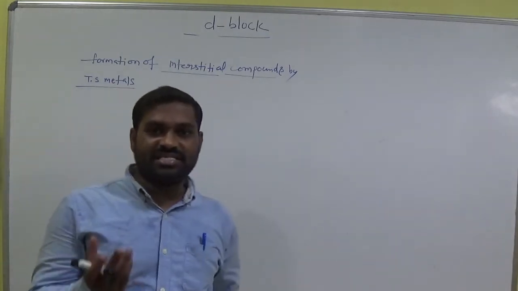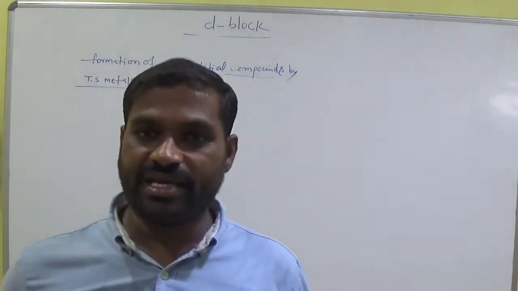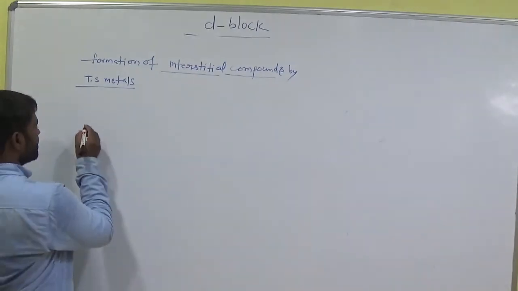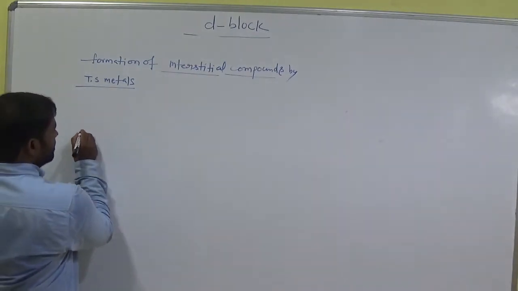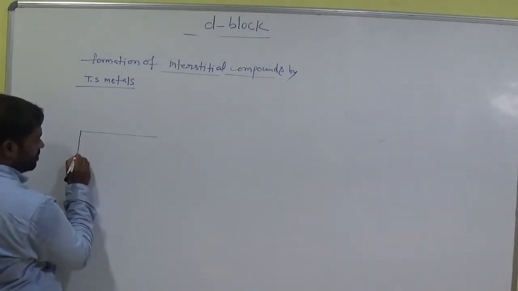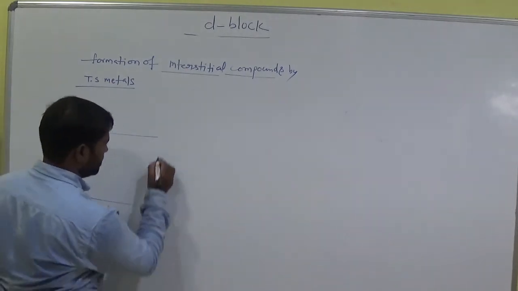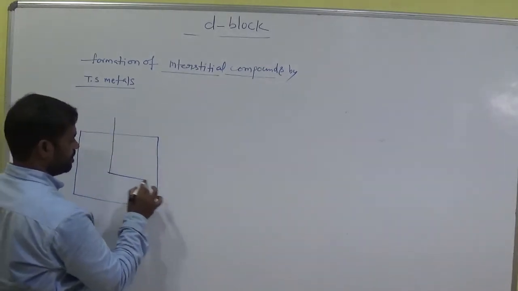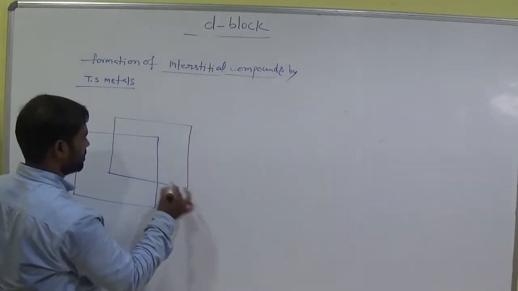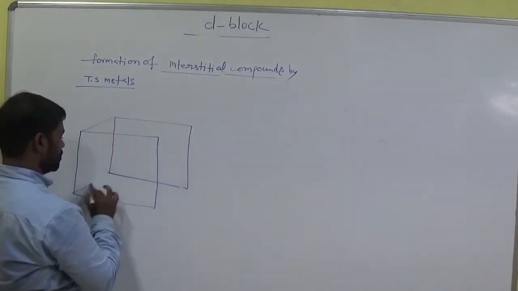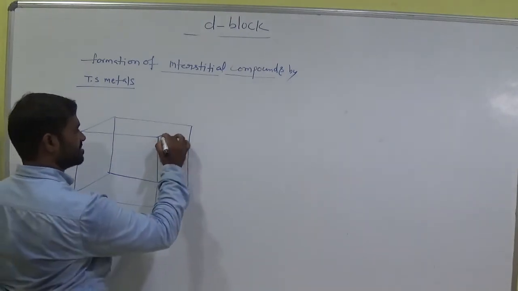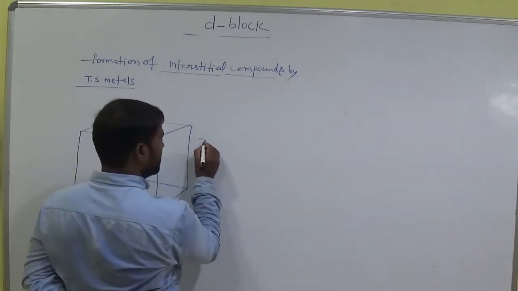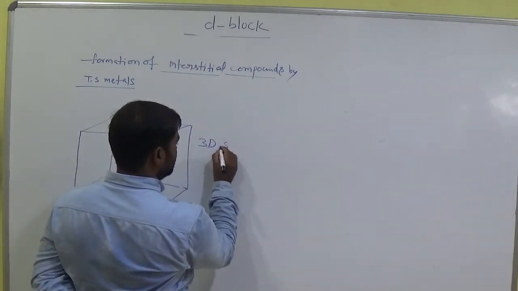Transition metals are generally in the crystalline state. Suppose this is a cube-like structure, a three-dimensional space.